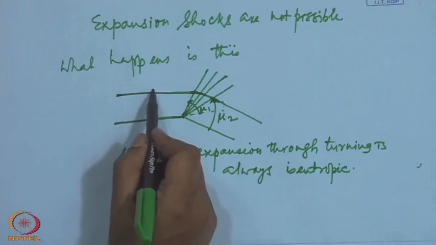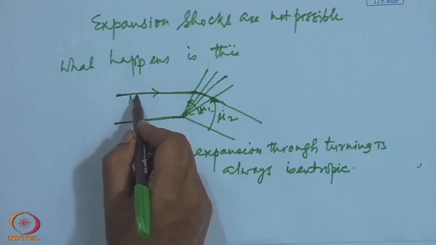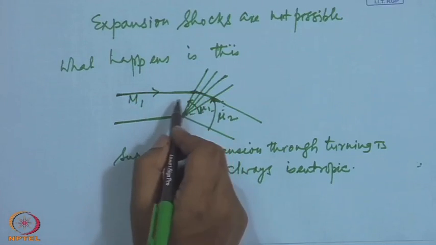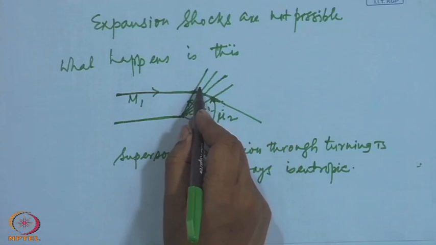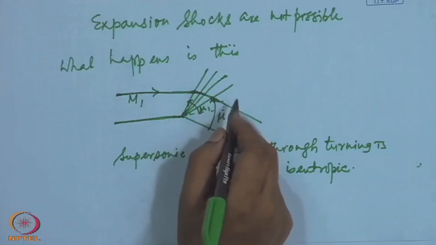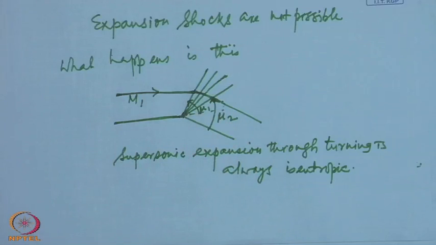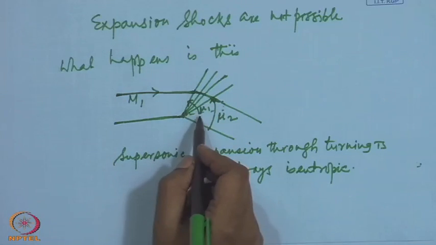And you see that flow up to the corner is uniform at Mach number M1, and consequently, the leading Mach wave is a straight line at the Mach angle mu 1.